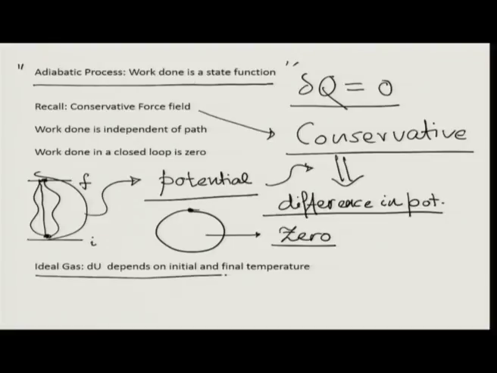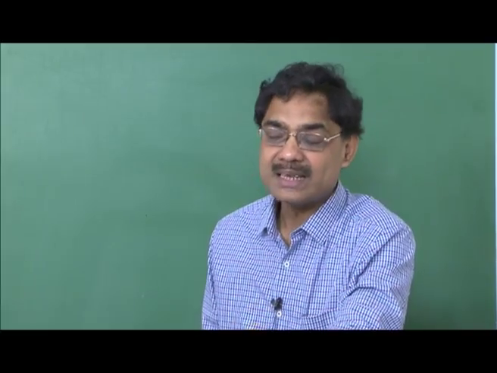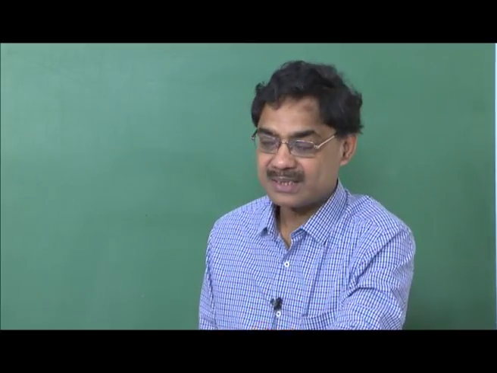For an ideal gas, as I have mentioned already, dU depends on initial and final temperature, because it is a function of temperature only. So, if you understand what is a conservative force field and how we get the concept of potential in a conservative force field, you immediately get to realize what is internal energy in a thermodynamic process.